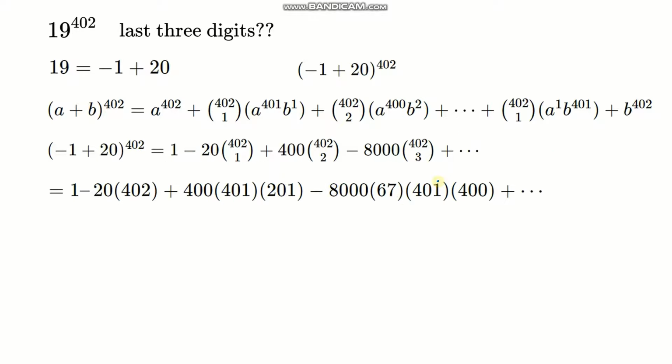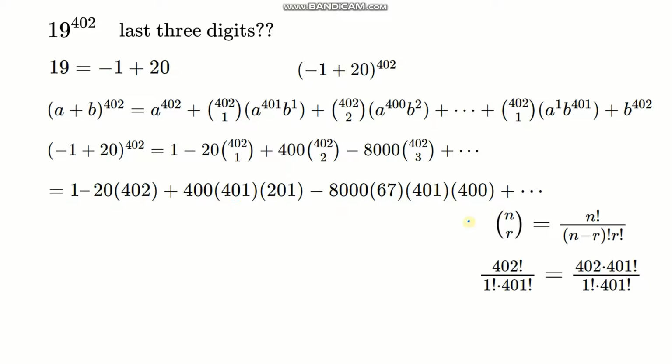Simplifying further, we have 1 minus 20 times 402 plus 400 times 401 times 201 minus 8000 times 67 times 401 times 400, and so on and so forth. So how do we get these values? By combination, n taken r equals n factorial over n minus r factorial times r factorial.